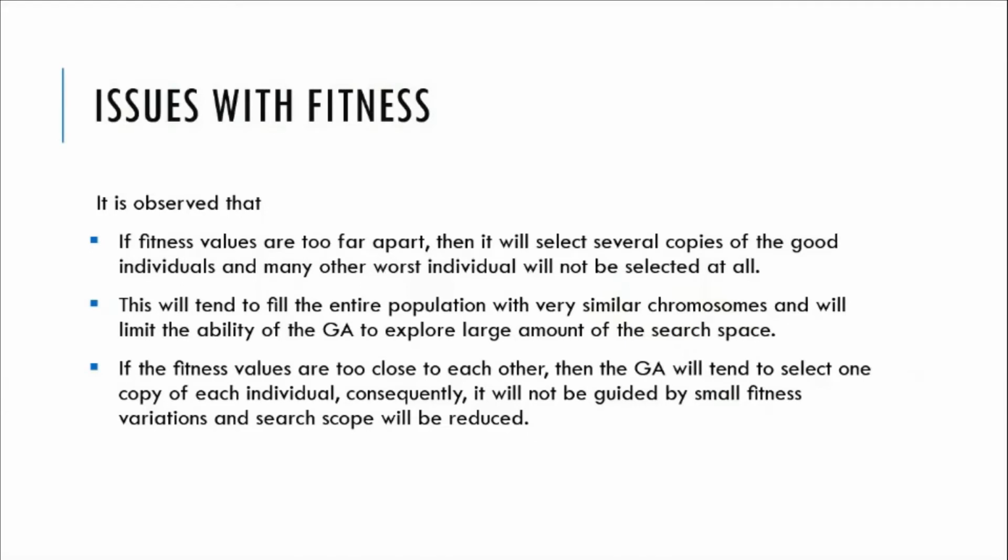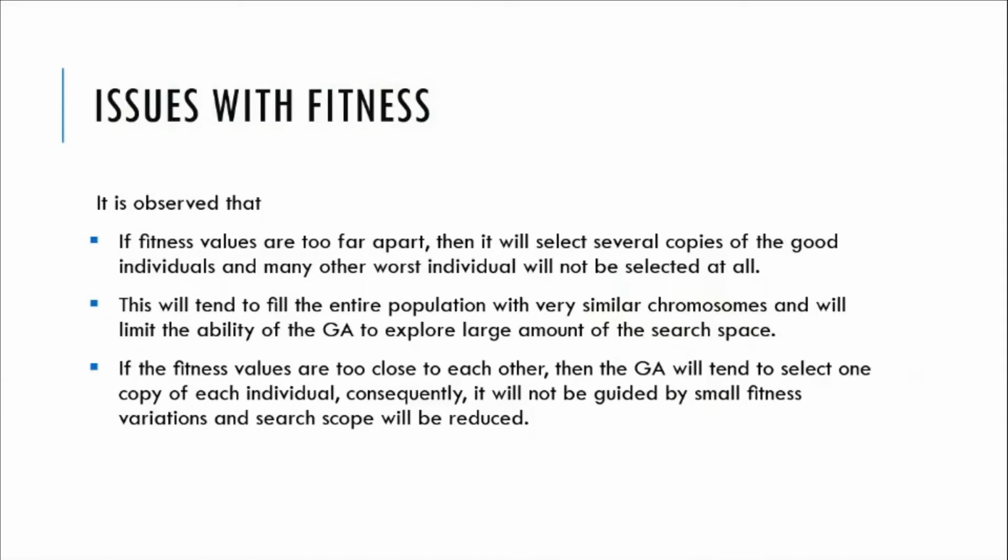Because of this, the entire population will be filled with very similar chromosomes, and thus will have a limited ability to explore the search space. So the ability of the GA is limited by this behavior.